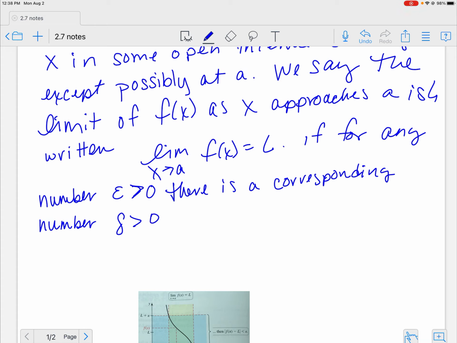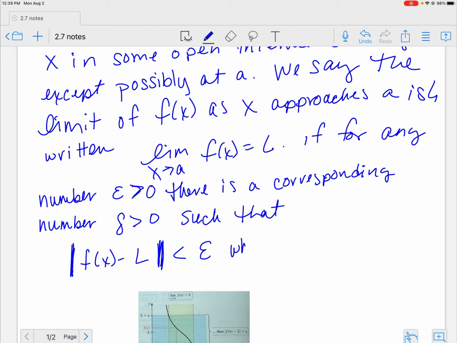Such that this holds true: the absolute value of f of x minus L, and I'm making these thick so you know they're absolute value bars, is less than epsilon when 0 is less than the absolute value of x minus a, which is less than delta.